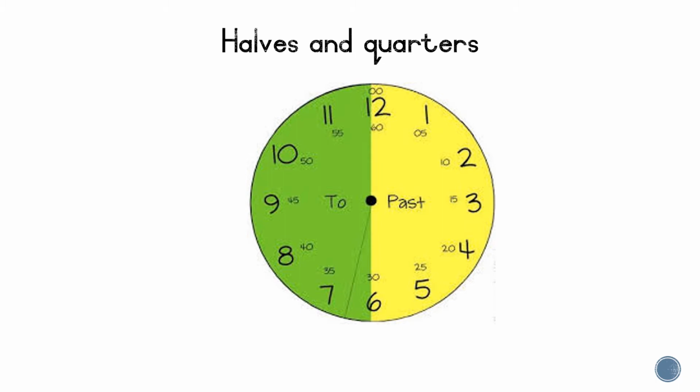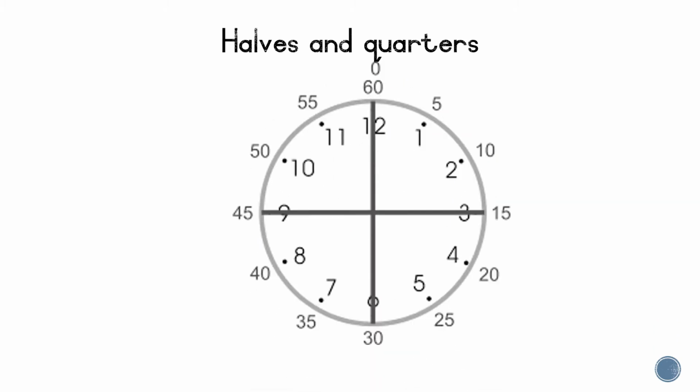So when the long minute hand is pointing to a number on the right side, we will talk about it as minutes past. When the long minute hand is pointing to a number in the green on the left, we will talk about how many minutes to until the next hour.